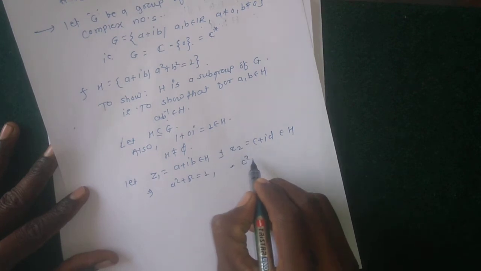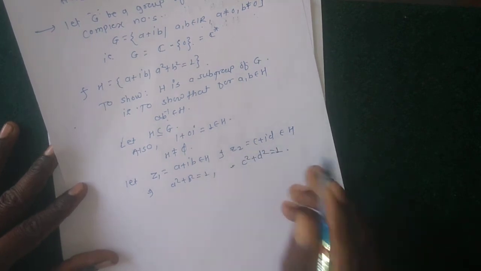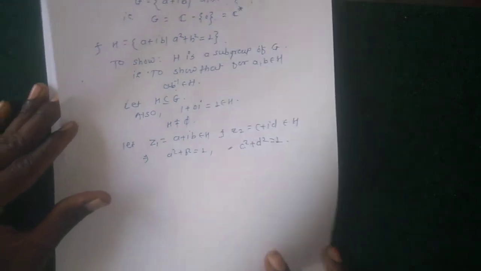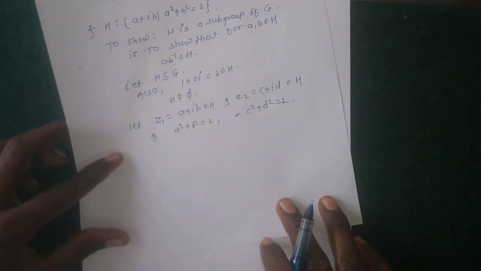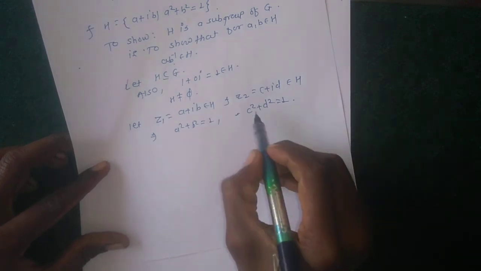Similarly here, c square plus d square must be 1.